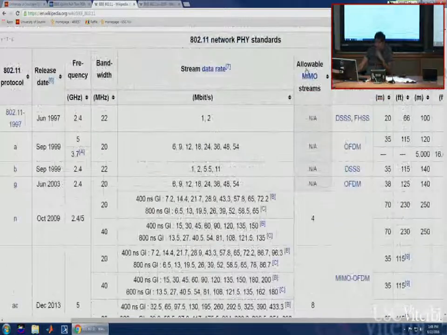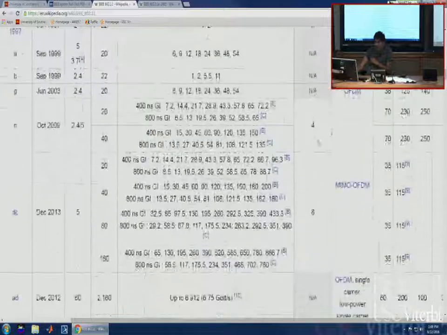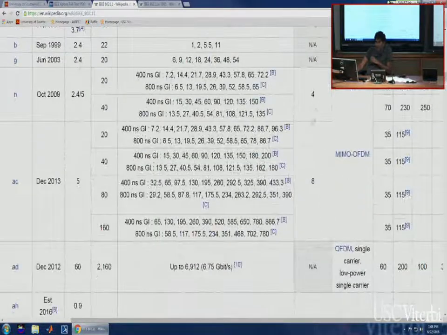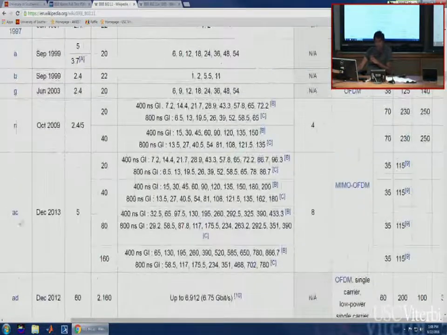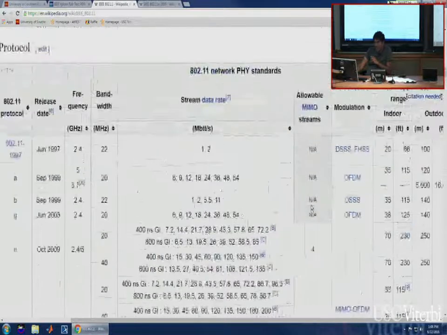The other thing that you notice, we talked about MIMO. Before the 802.11n standard, there was no MIMO in 802.11. But after that, you're seeing a number of MIMO streams show up. So 4 for 802.11n. There's another standard called AC, which offers 8 MIMO streams.